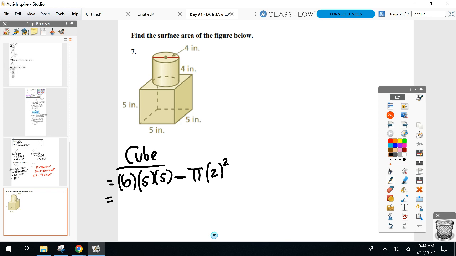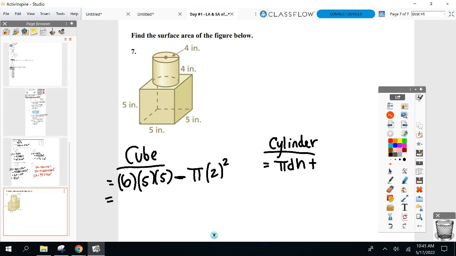Is everyone ready for the cylinder that's on top of it? Because I have to do the entire surface area. Everyone ready for the cylinder? Is the entire lateral area showing? Yes? So I'm pi dh.